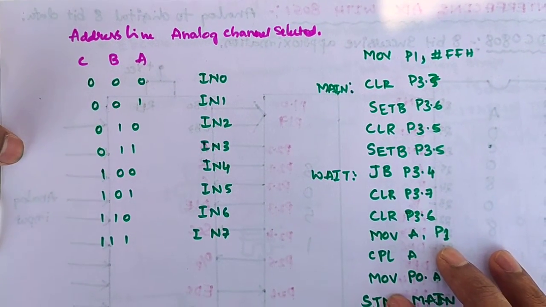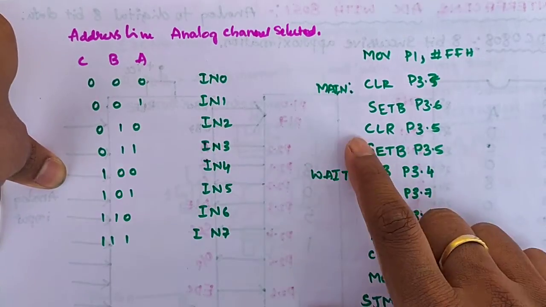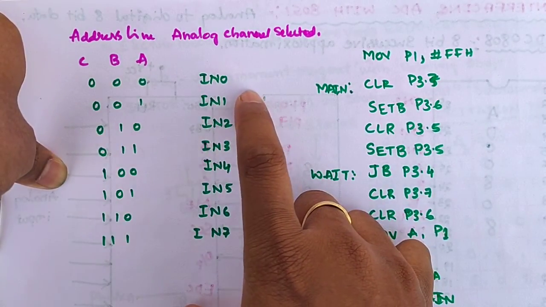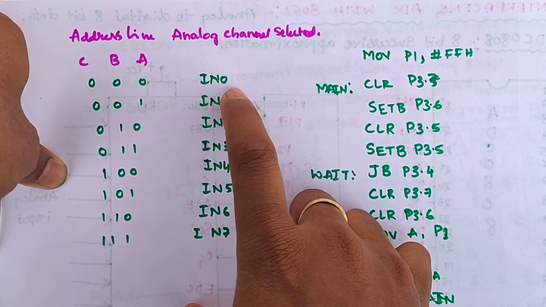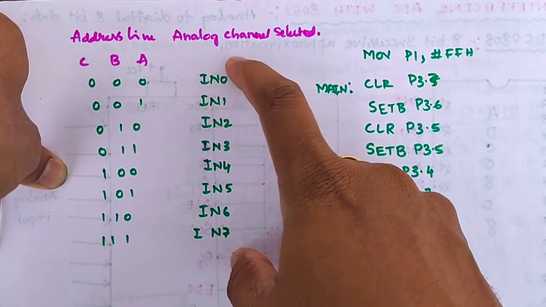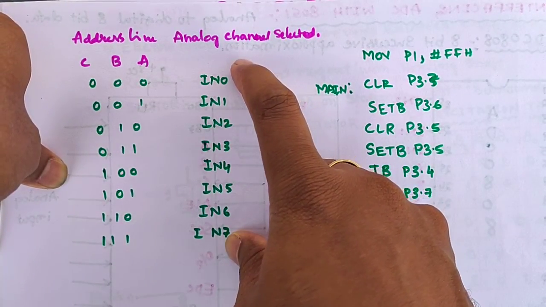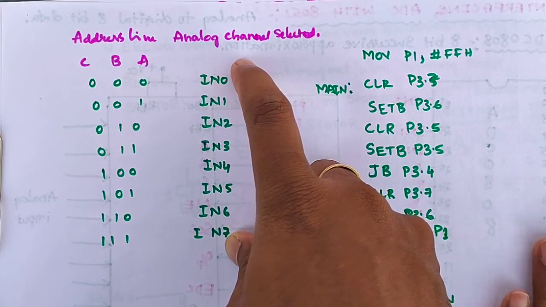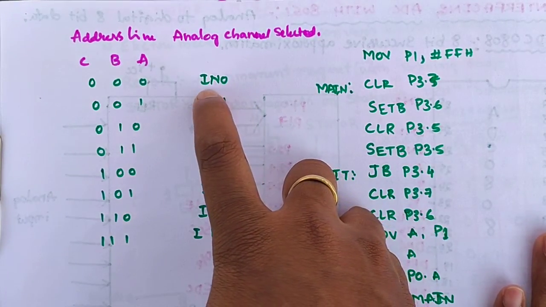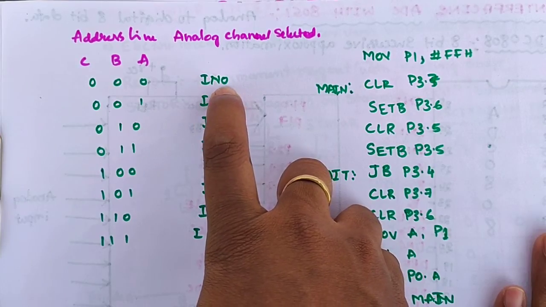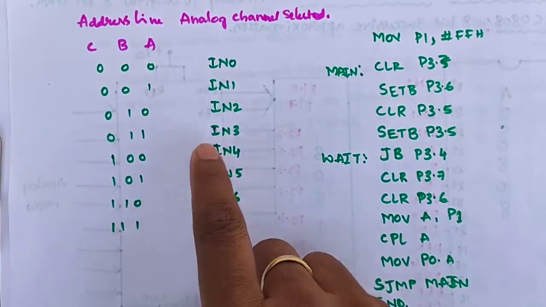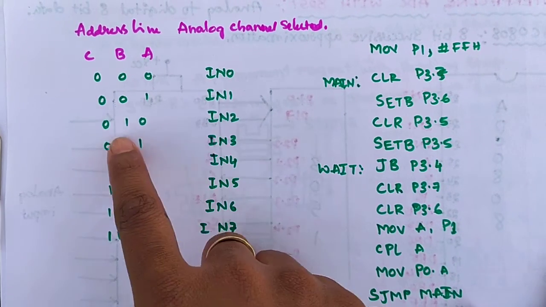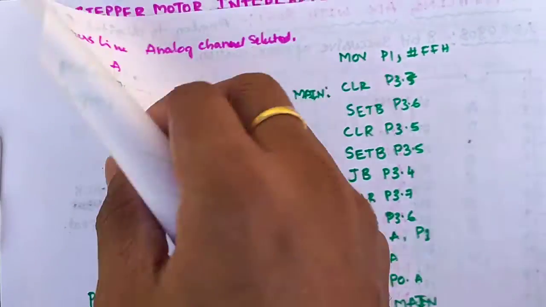The address lines ABC select which input we need to convert, since there are analog input channels. Through one particular channel, one piece of information is converted into digital format. For example, I want IN2. In that condition, the address line pattern for IN2 is 010, that is ABC.